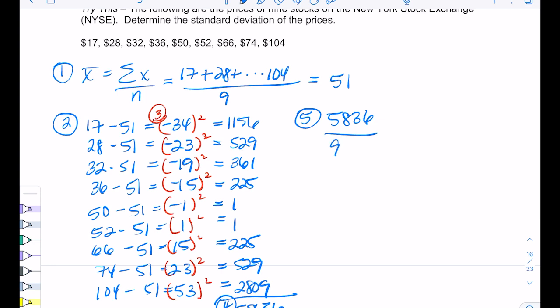Remember, you're going to divide by the population minus 1. So it's going to be 5836 divided by 8, and that's going to give us 729.5. And then the last step is you're just going to take the square root of that number. And you end up with 27. So $27 is the standard deviation.